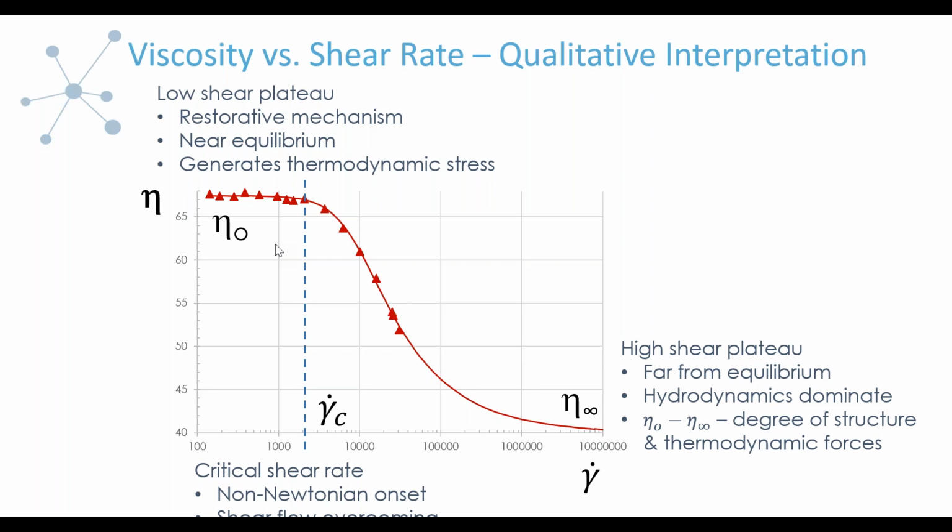As you go higher and higher out into what we refer to as the infinite shear plateau, we're very far from an equilibrium state. We've basically eliminated all these thermodynamic forces that were acting to maintain something close to equilibrium, and now it's dominated by hydrodynamic interactions. And if you can actually get the full range of this curve, you can look at the difference between the two plateaus, and that's going to give you an indicator of the degree of structure that you have, due to the strength of the thermodynamic forces.